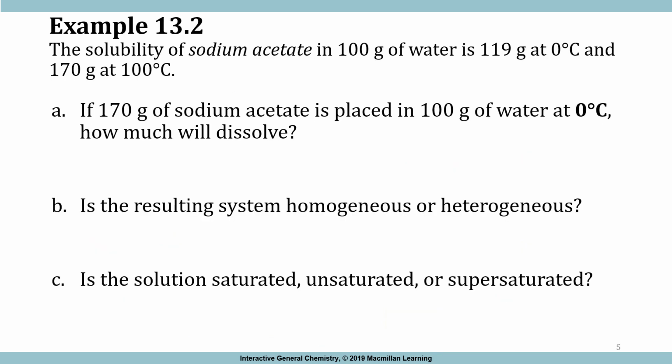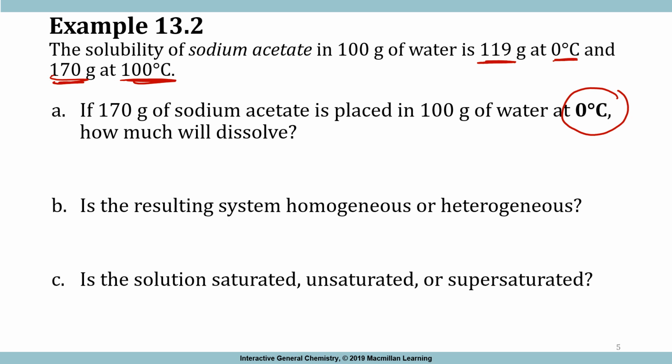Example 13.2 says the solubility of sodium acetate in 100 grams of water is 119 grams at 0 degrees Celsius and 170 grams at 100 degrees Celsius. So this one's going to ask a lot of different steps, and we have to answer them. If 170 grams of sodium acetate is placed in 100 grams of water at 0 degrees Celsius, because temperature is very, very important, how much will dissolve?